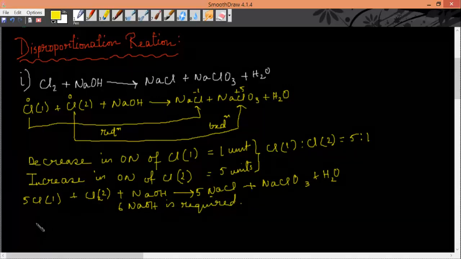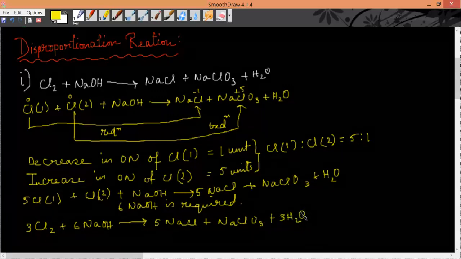So what is the balanced chemical reaction? We can write these two in a combined form as 3Cl2, because 6 Cl means 3Cl2, plus 6 NaOH, which is required, will give 5 NaCl plus 1 NaClO3 plus, from 6 H, we will get 3H2O to balance the left and right hand side.